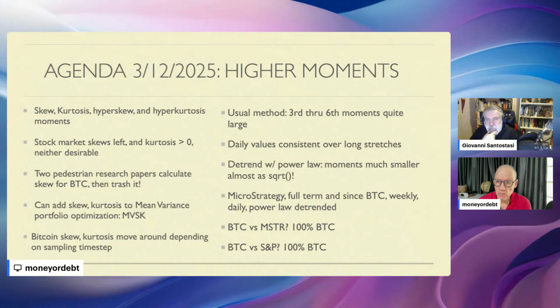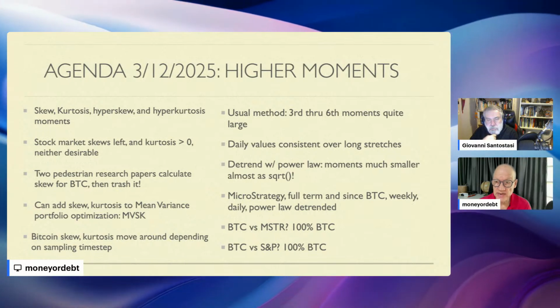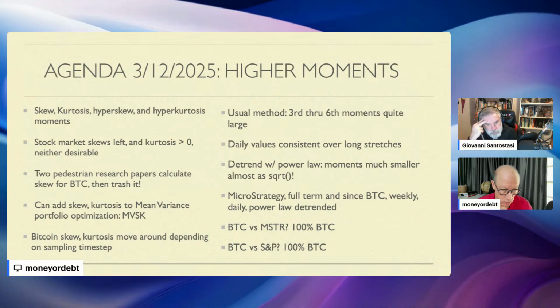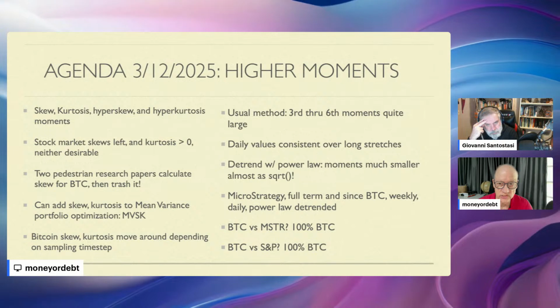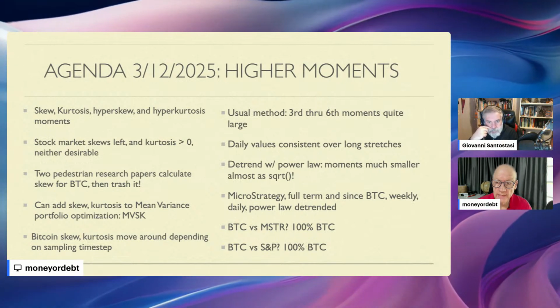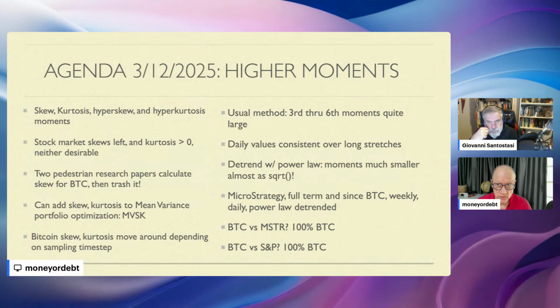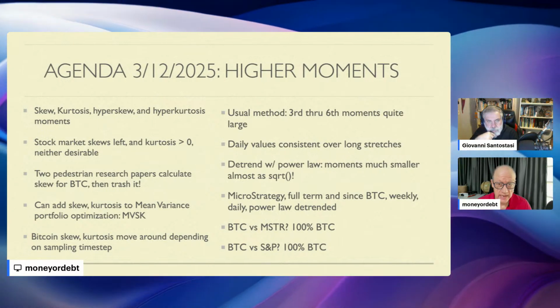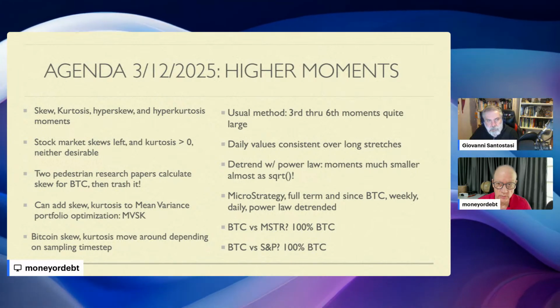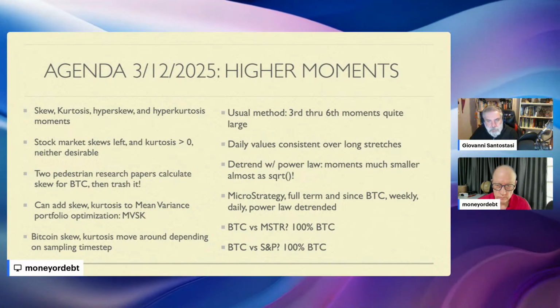It's about higher moments, and the names for those are skew and kurtosis, and hyperskew and hyperkurtosis. They're also called the third, fourth, fifth, and sixth moments of a financial price series. Now, the stock market skews left, and it has positive kurtosis, and neither of those is desirable from a risk management standpoint.